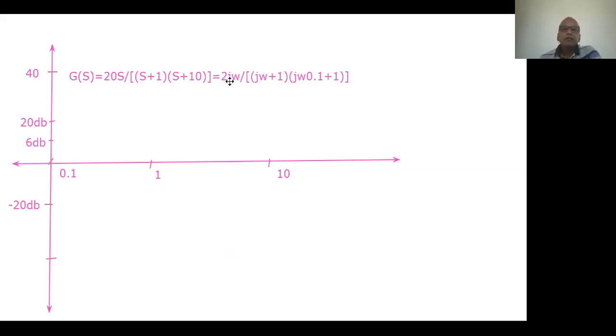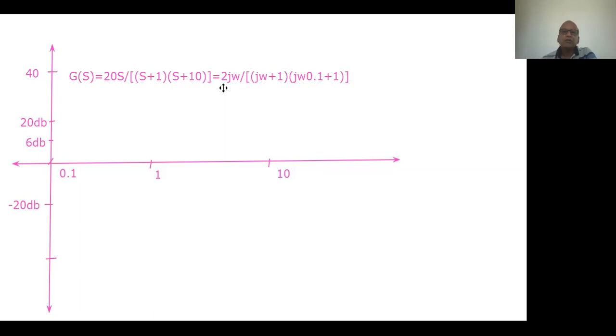Then second is j omega. Slope is plus 20 dB per decade. If you draw 2 times j omega combined, you may draw the individual asymptotes and add all the frequency function factors.